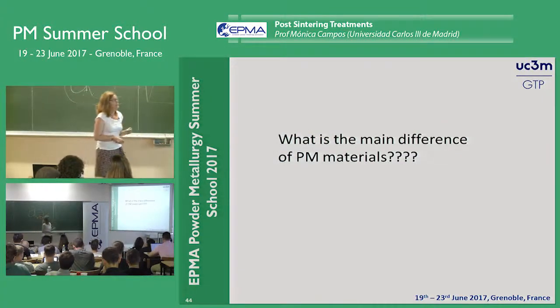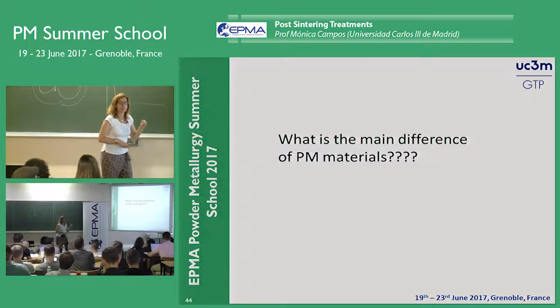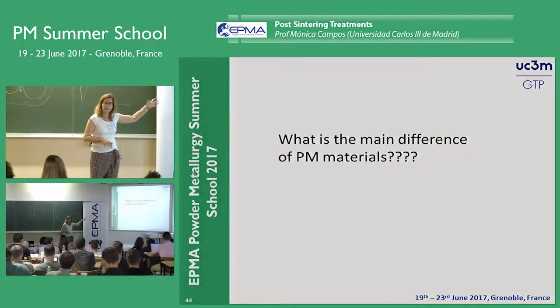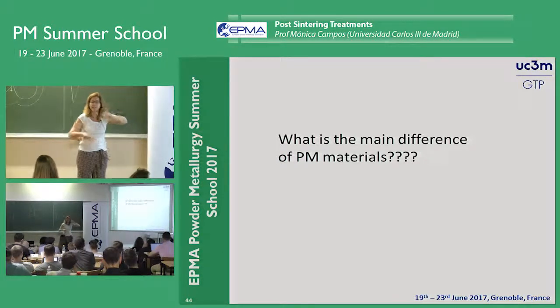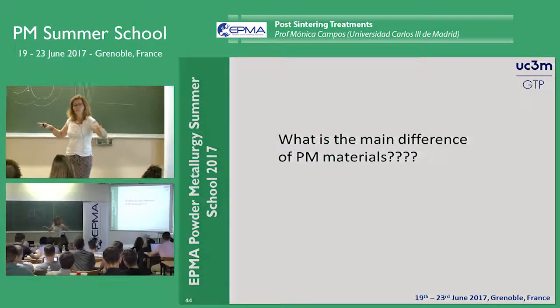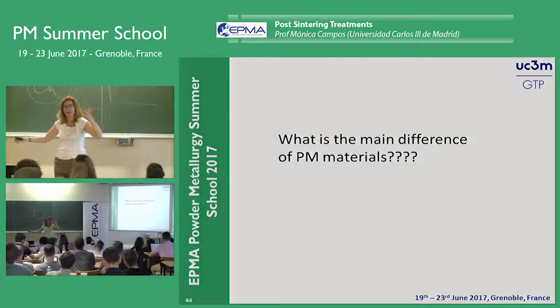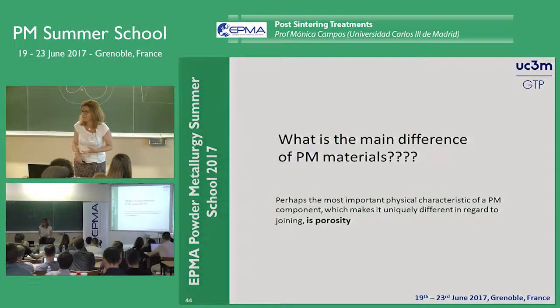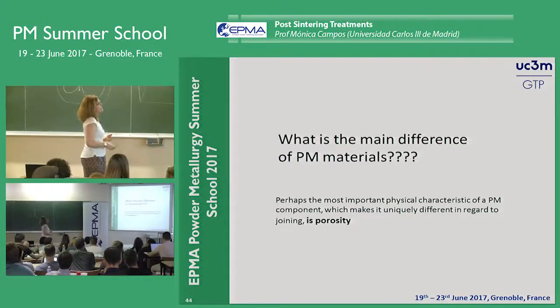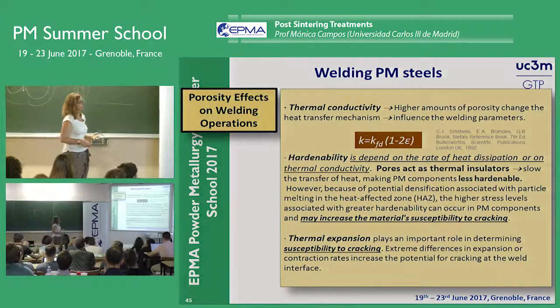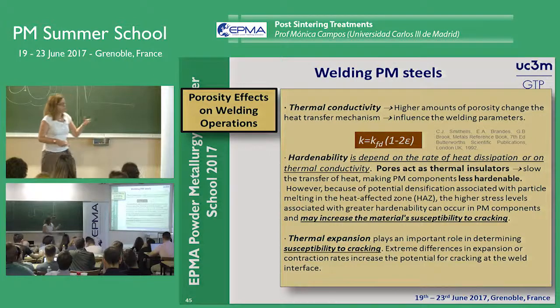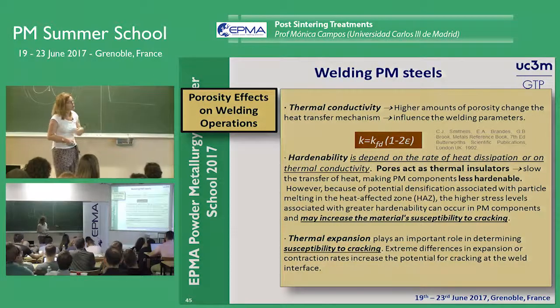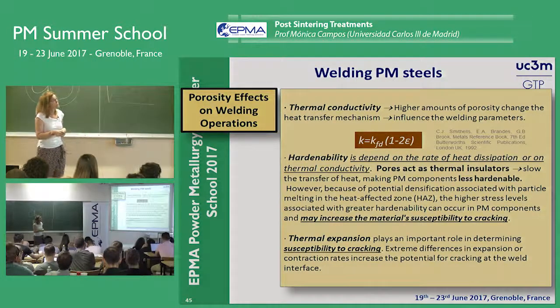But what is the main difference for PM materials? Because these 3 main aspects that I said before are the same in the whole family of materials: welding, brazing, soldering. And here, what is the difference? The difference, again, is the porosity. The porosity has a different effect on the welding and joining of PM steel, because it lowers the thermal conductivity.